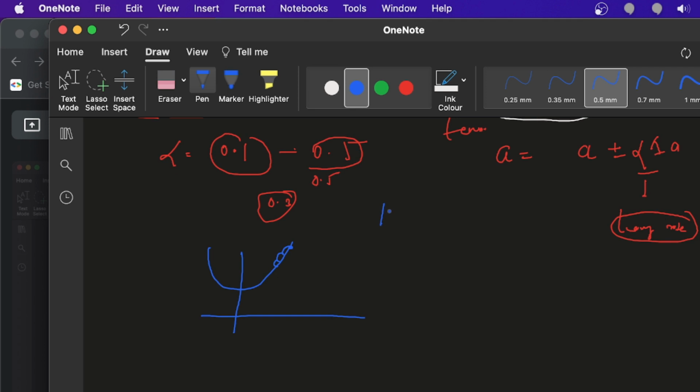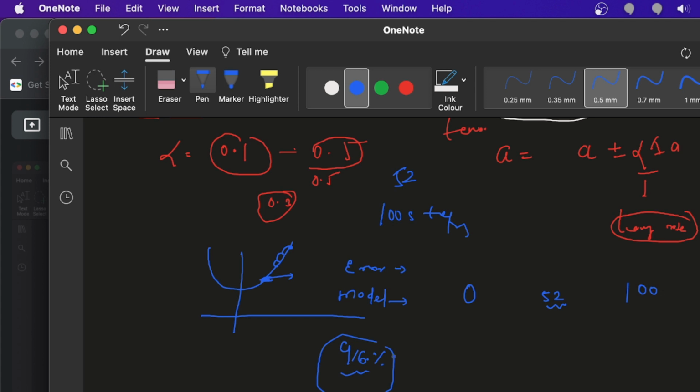Maybe after 100 steps you will get there, or maybe at step 52 you will be there, and you wanted to check up to 100 steps. Suppose you start at step 0 and want to check up to step 100. After taking 52 steps, you are here and you see that your error is already so low and your model is giving a better result, meaning 96% of the time it is providing the right answer.